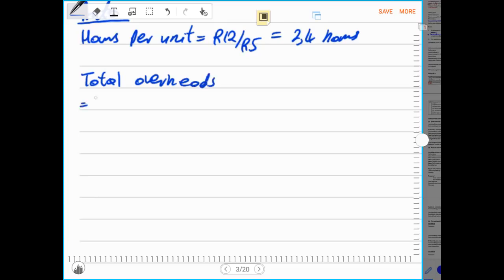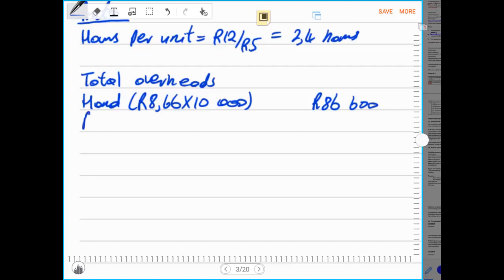We have it for the two products. For hand washing powder, it is 8 rand 66 cents times 10,000 units, which gives us 86,600 rands. For the auto washing powder, it is 12 rand per unit times 12,000 budgeted units to be manufactured and sold, and that gives us 144,000 rands.